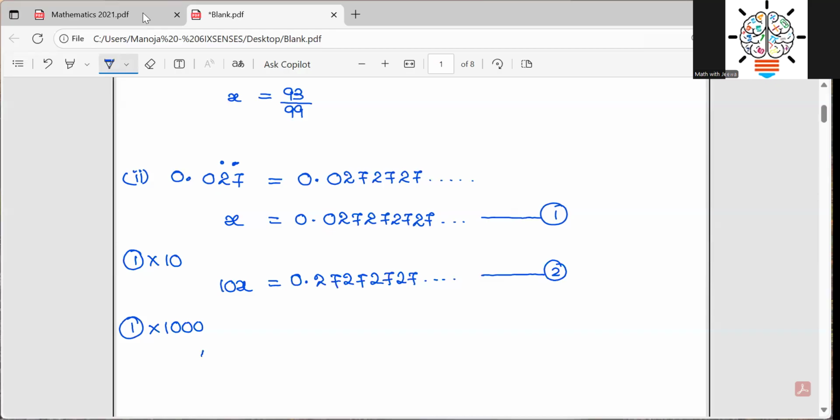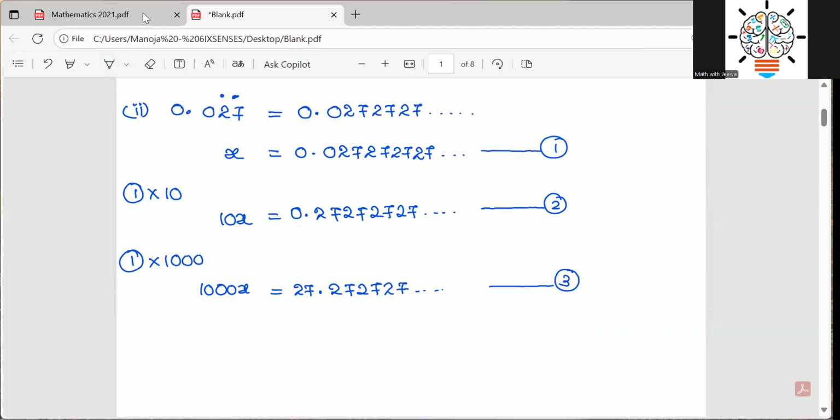It gives me 1000x, and that becomes 27.272727 like this, and this is the third equation.